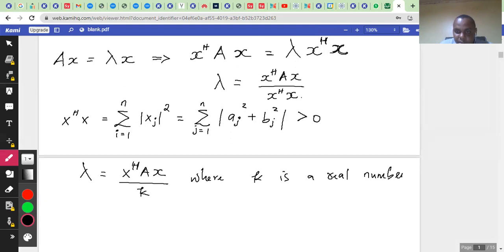Our objective is to show that lambda is going to be purely imaginary. Because we have stopped worrying about the denominator, we only need to show that the top part is imaginary.